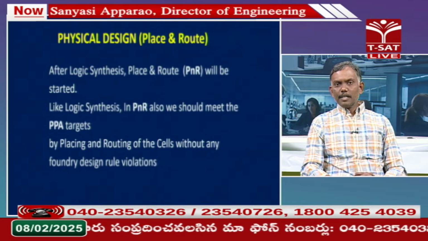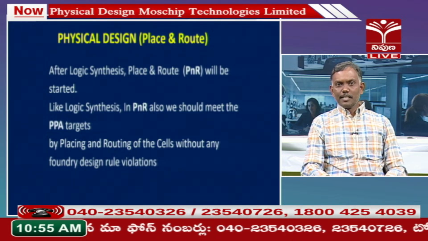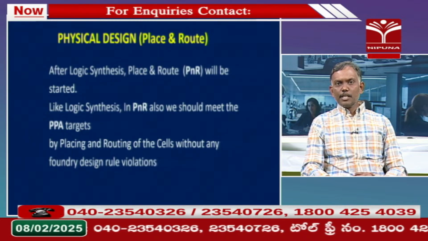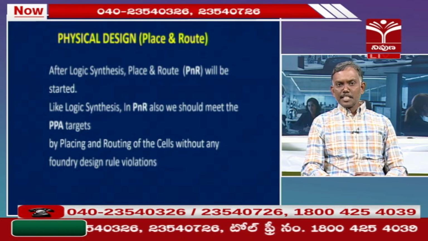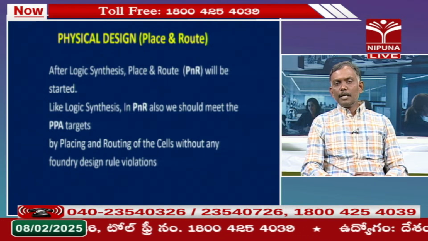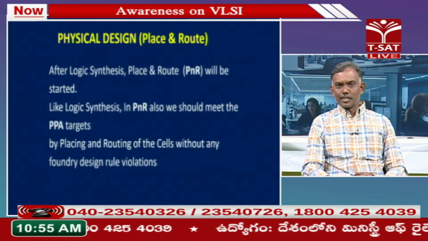In fact, the gates are not physically placed. We have the connectivity. Based on the connectivity of the design, we calculate the delays and the power numbers, and for those numbers we check the timing analysis, STA, as a part of synthesis.